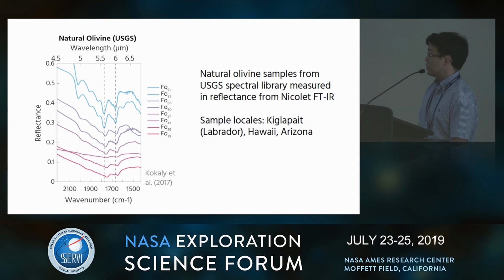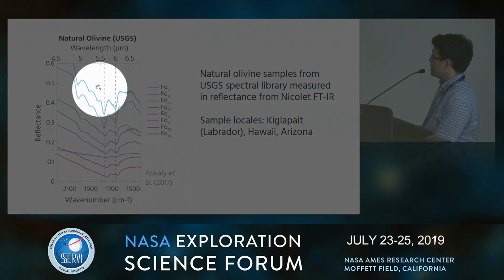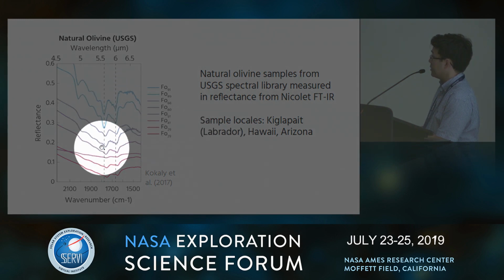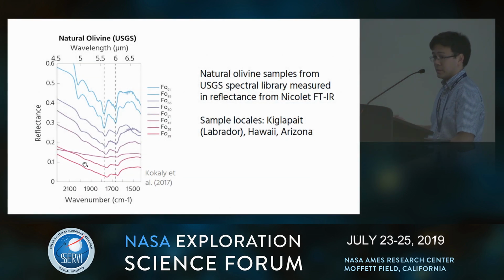The data are a little bit noisier, but what we see right off the bat is that there is a similar systematic relationship with the band position of the 5.6 and 6 micron bands and the iron composition. And also, as a minor note, there are minor bands that exist in the synthetic suite that also exist in the natural suites as well. So that was pretty exciting.